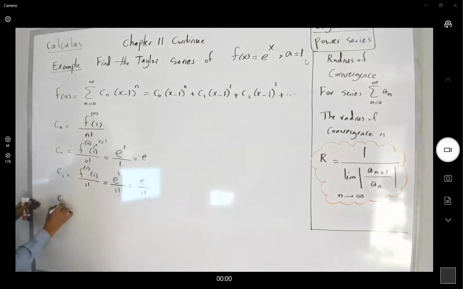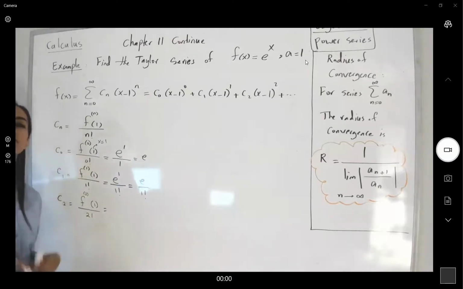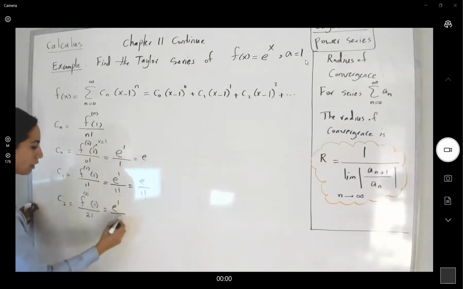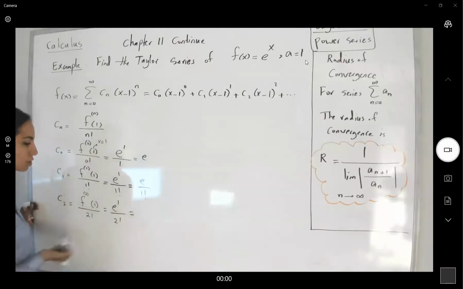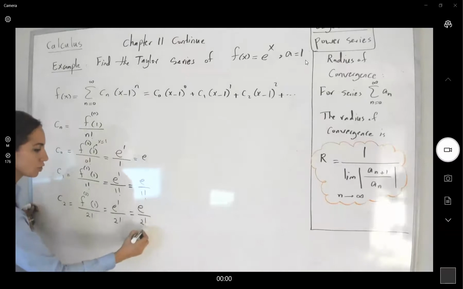C sub 2 is equal to the second derivative of f evaluated at 1 over 2 factorial. The second derivative of e to the x is also e to the x, so you get e to the first divided by 2 factorial, which is equal to e over 2 factorial.